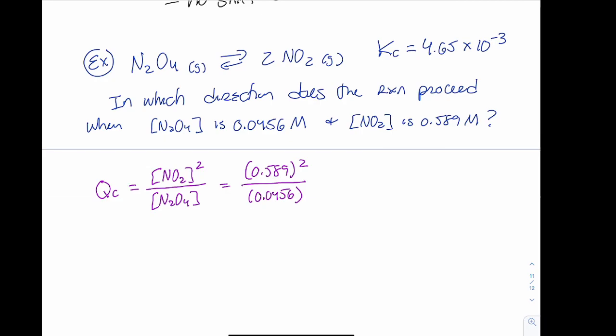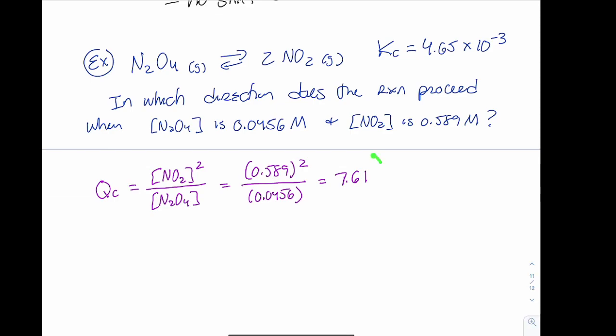We just don't need to show them. I'm grabbing my calculator here. If you want to play along, it would be highly encouraged. If you need to hit pause, by all means do that. And I end up with 7.61. Again, I don't need to show units. It has them, but it's typical to not show them.